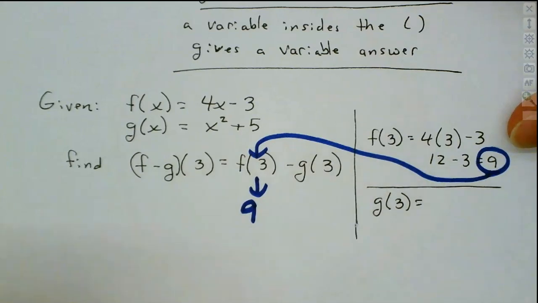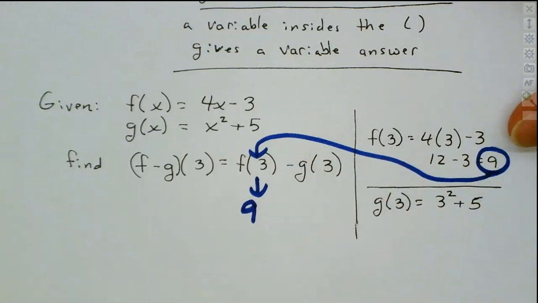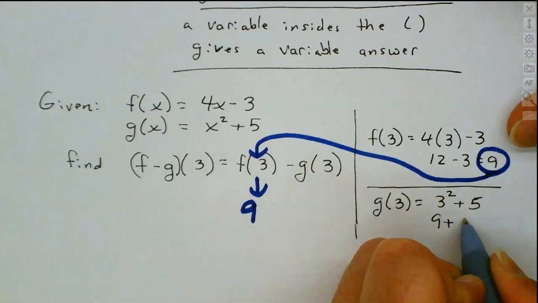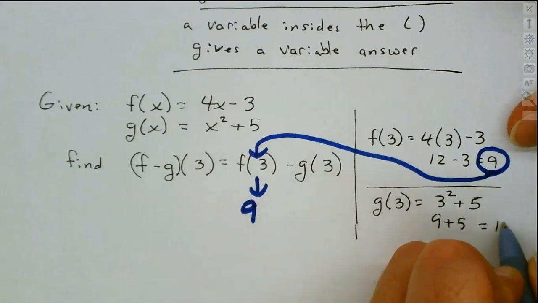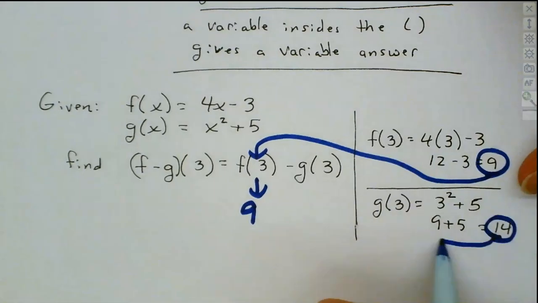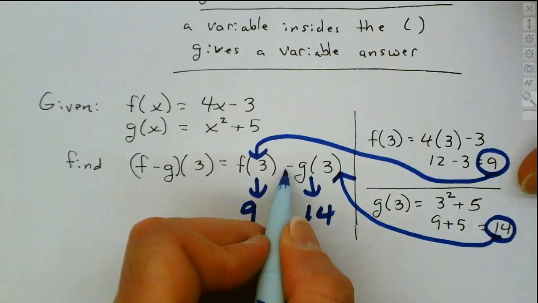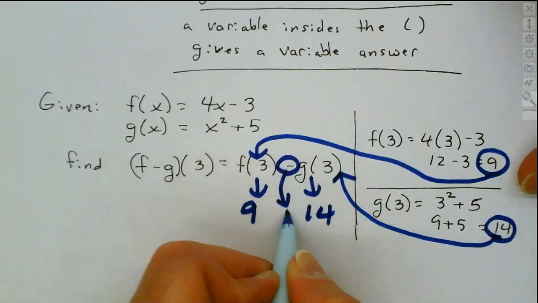G of 3 would be 3 squared plus 5, right? So that's 9 plus 5, which is then 14. So that comes down as a 14. And bring your negative down.